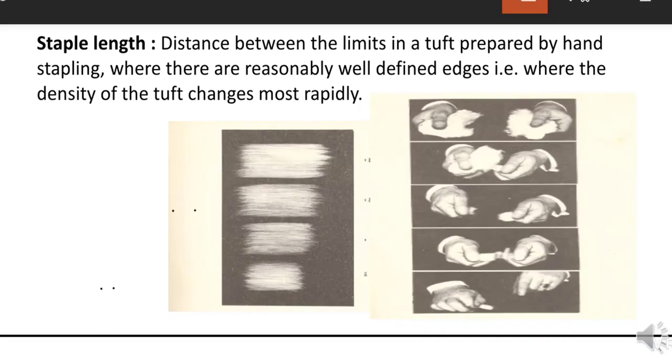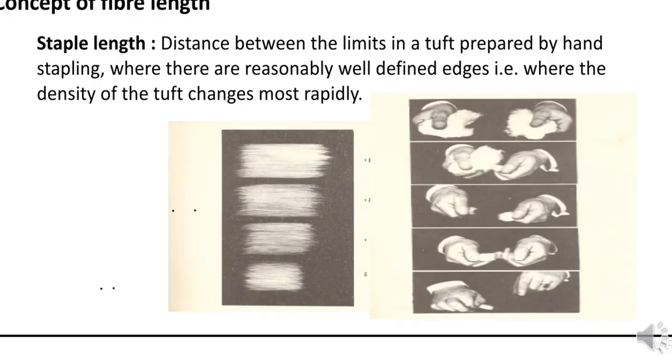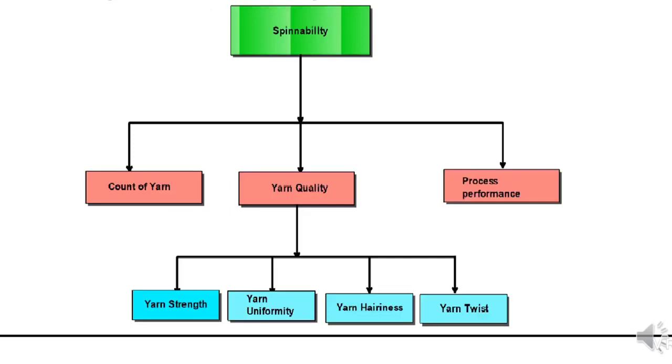We'll be discussing these methods in detail, but before we study those methods, let us discuss why it is essential to measure length of the fiber. Length of the fiber decides spinability. What is spinability? Spinability is ability to spin, just to elaborate.